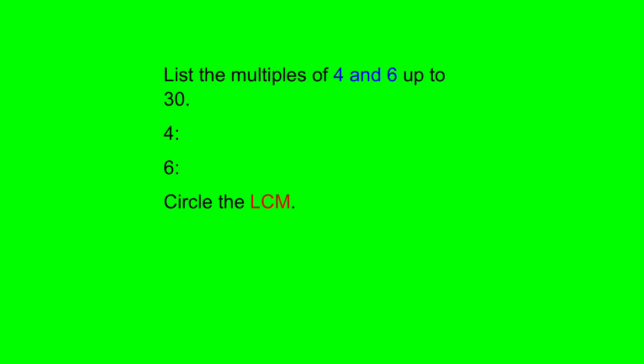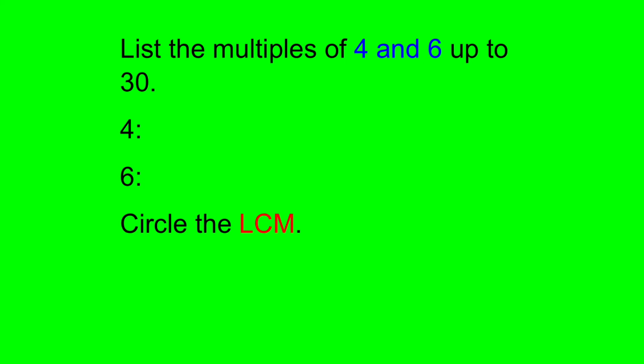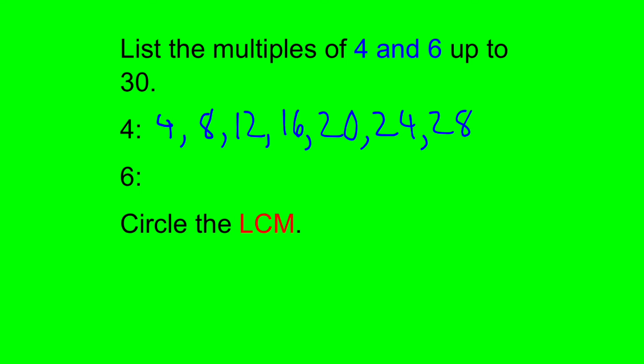So we did a couple more questions. I asked them to list the multiples of 4 and 6 up to 30. So 4, 8, 12, 16, 20, 24, 28, 32. Can't get exactly 30, right?